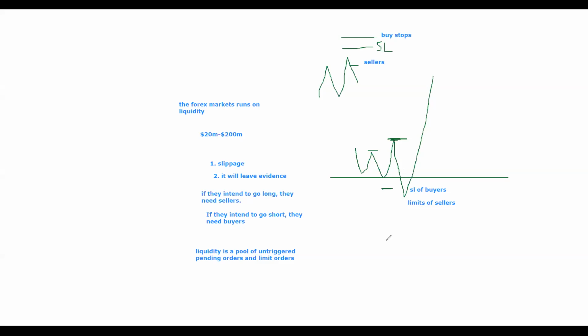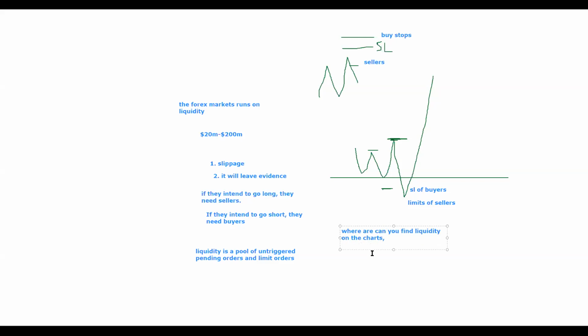So now the other question is, where can you find liquidity on the charts?